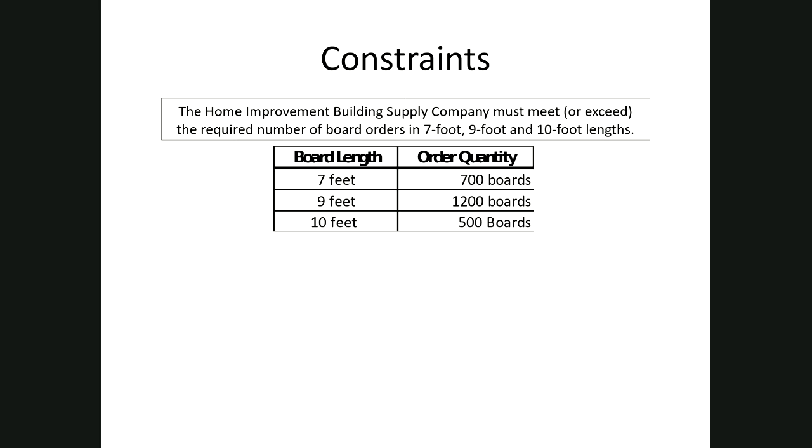And then, of course, we always remember non-negativity, which is A is greater than or equal to 0, all the way up to F is greater than or equal to 0.